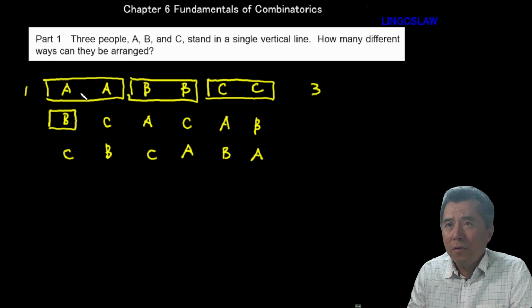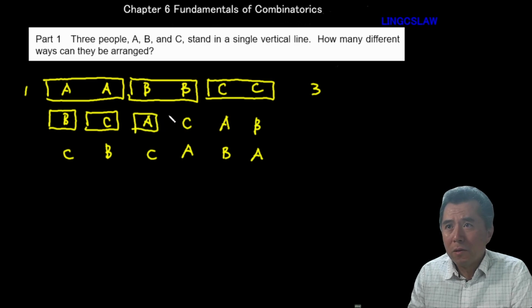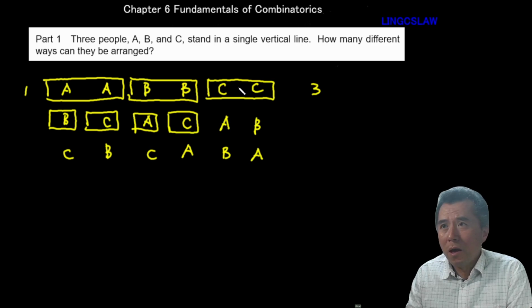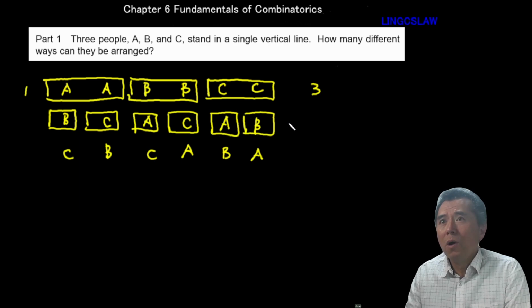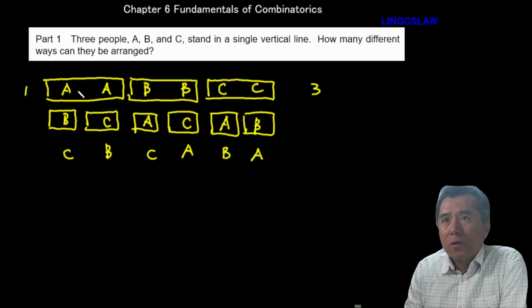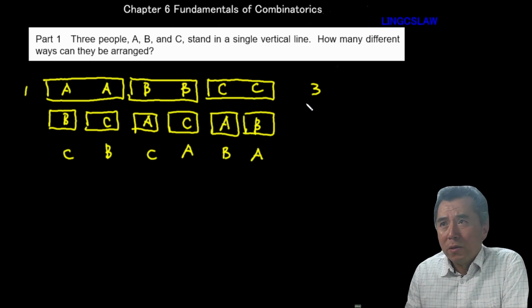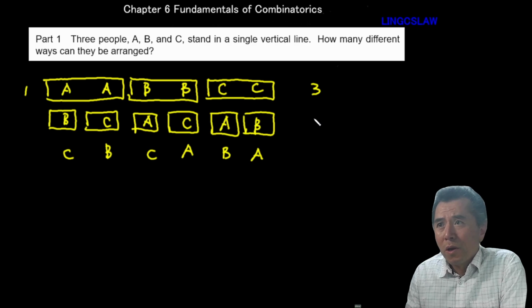And if you take something for the first row, there are always two ways, in this case B and C. For the first B, there are two choices, A and C. And if you take C for the first row, there are two choices, again A and B. So the first row has three ways, and the second row has two ways.